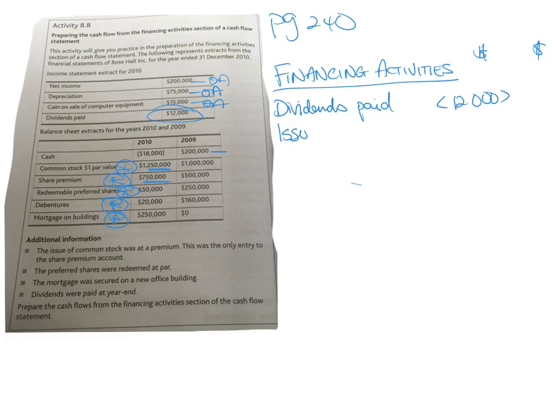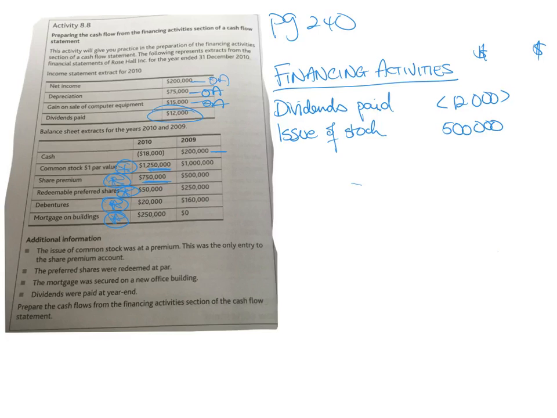So we issued the stock for 500,000, and that would be money that would be coming in. If you split it, 250 for common stock and 250 for share premium, no problem there. Once you have both 250s as positive, because both of them is money coming in.